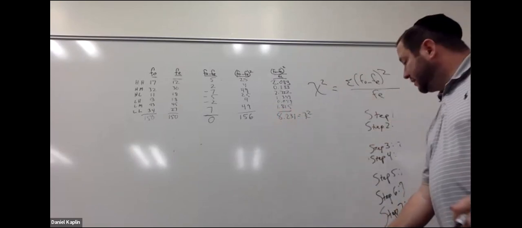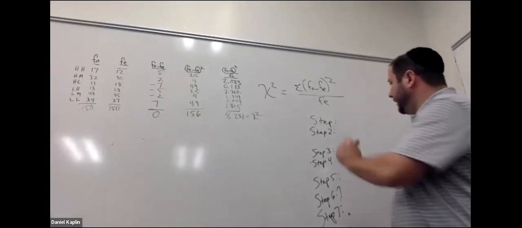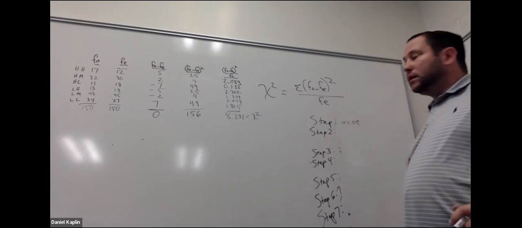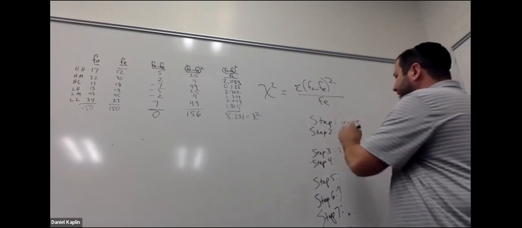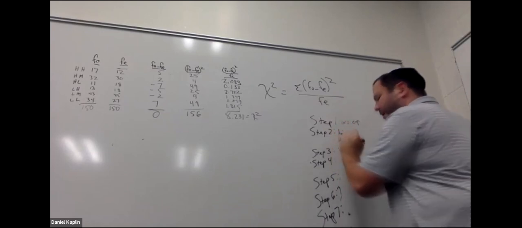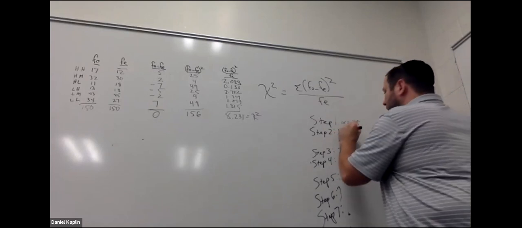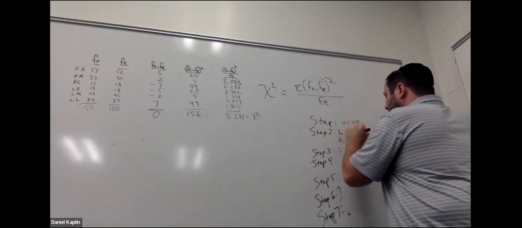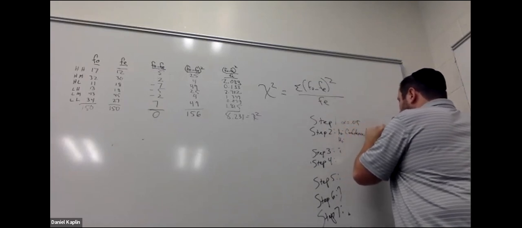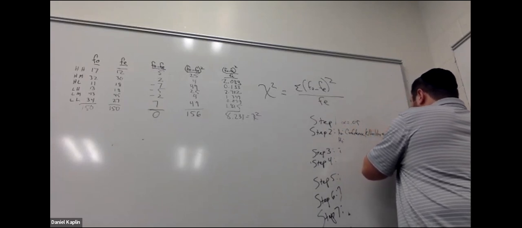So now, what is our alpha? We're going to work through the 8 steps again. Our alpha is 0.05. Now, our null and alternative hypotheses are a little bit different. Remember, with 2 variables, we say confidence and ability are independent.